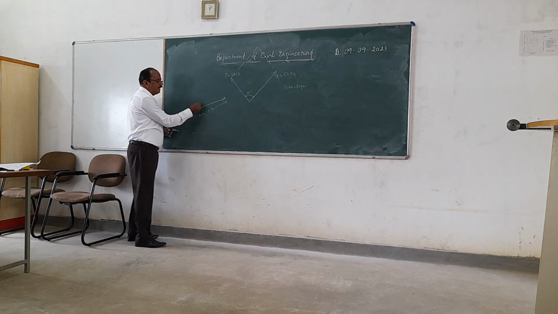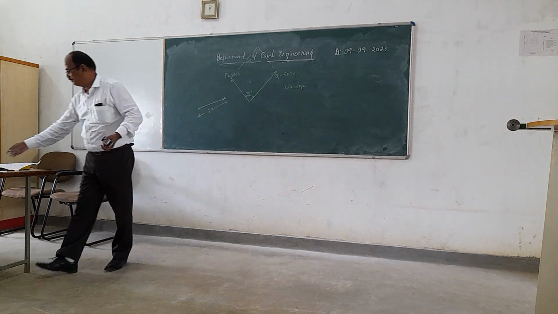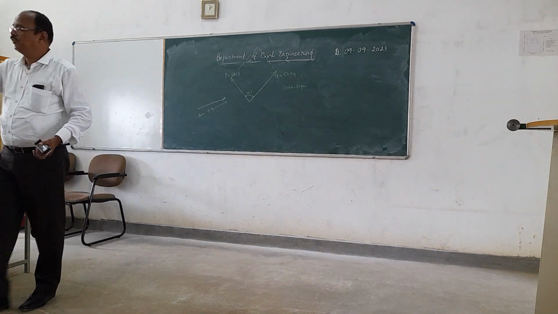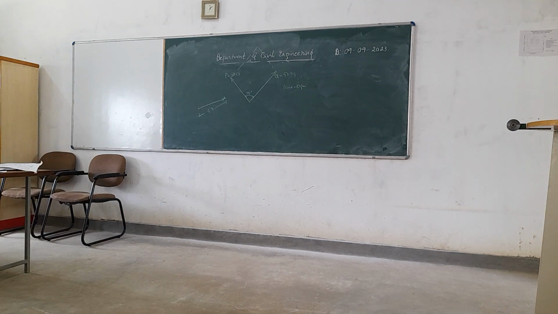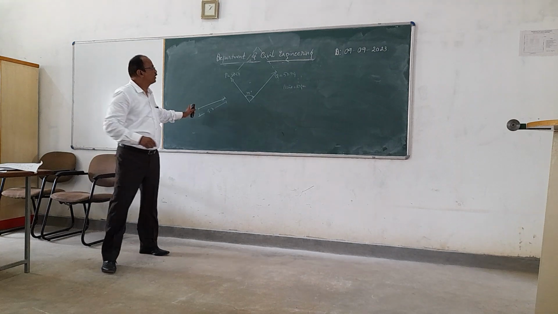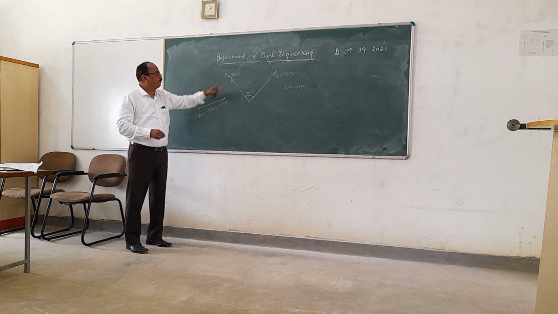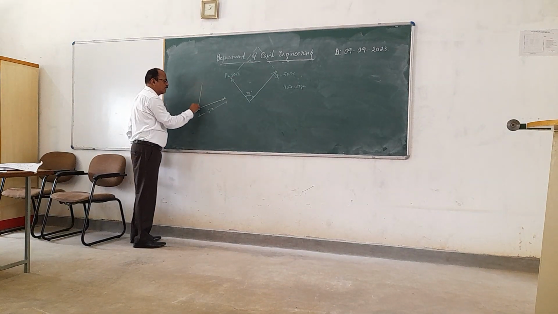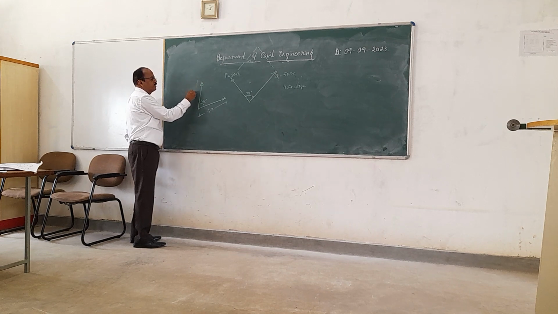Then you make an angle of 75 degrees. Here this is 50.61 grams. This angle is how much? 75 degrees. This is 5.6 units.